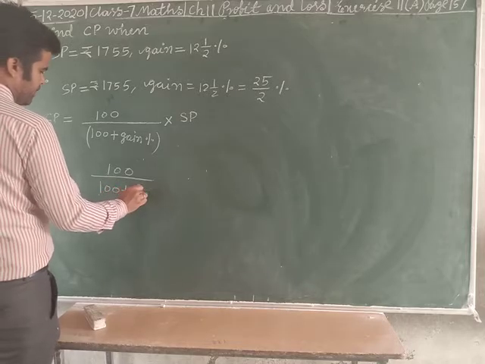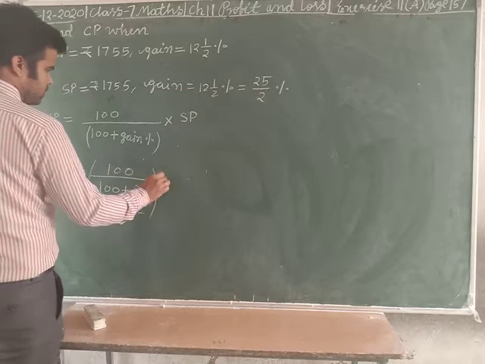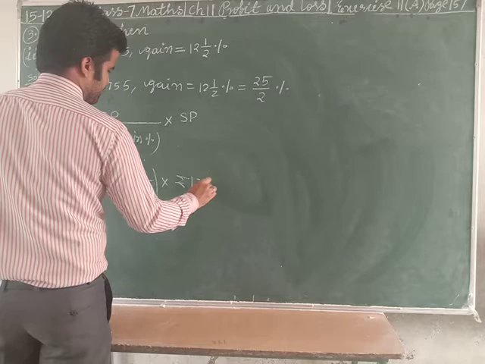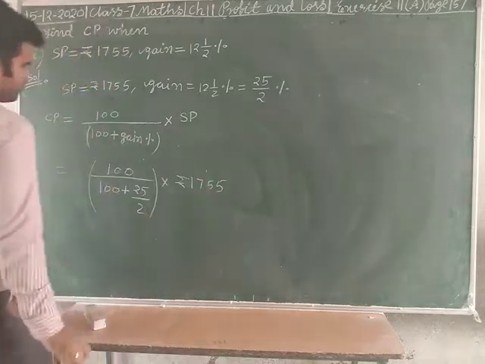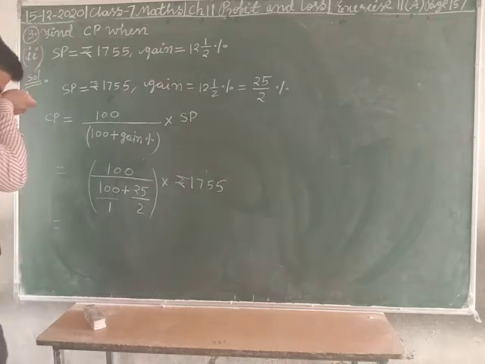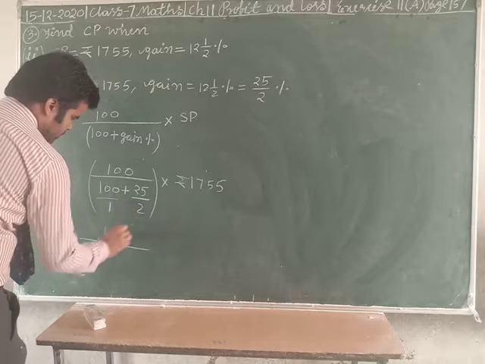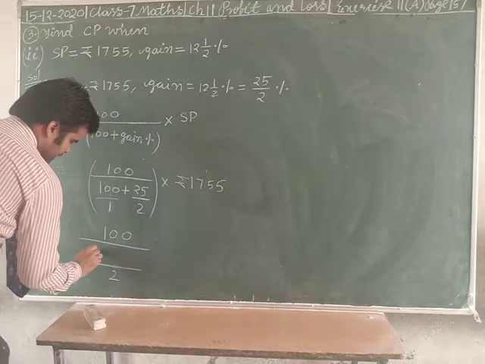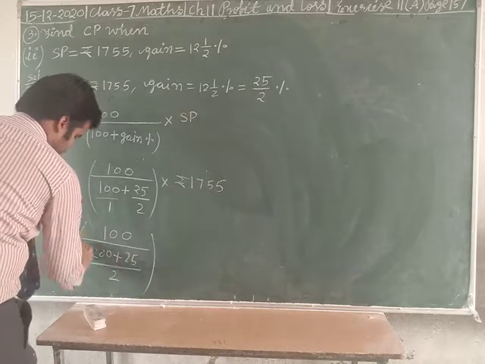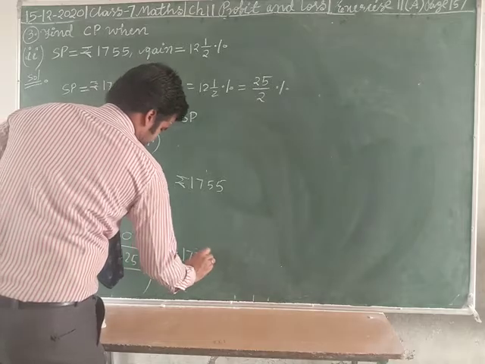So students, here I write 100 upon 100 plus 25 upon 2 into rupees 1755. Now students, here I write 100 upon the LCM of 1 and 2, which will be 2, and this becomes 200 plus 25, into rupees 1755.